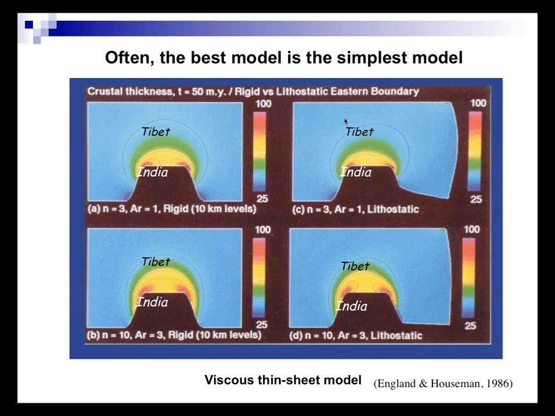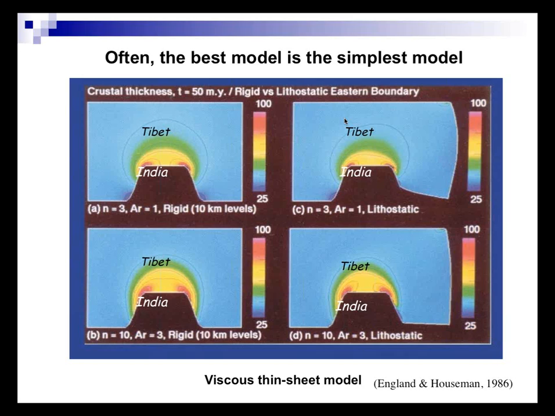And also because we are talking about a process that works over millions of years, I don't have to worry about all the details of faulting, because over this time scale, as a whole, the continents roughly behave as a viscous fluid. Okay?